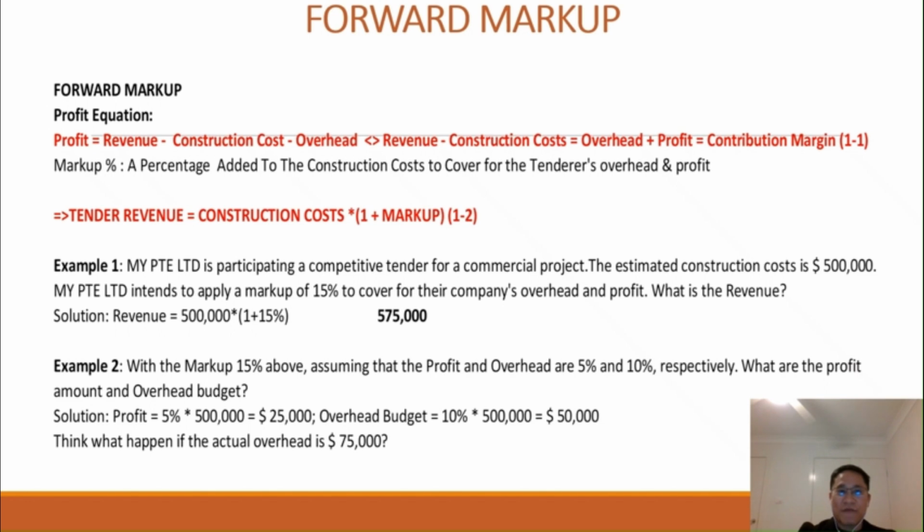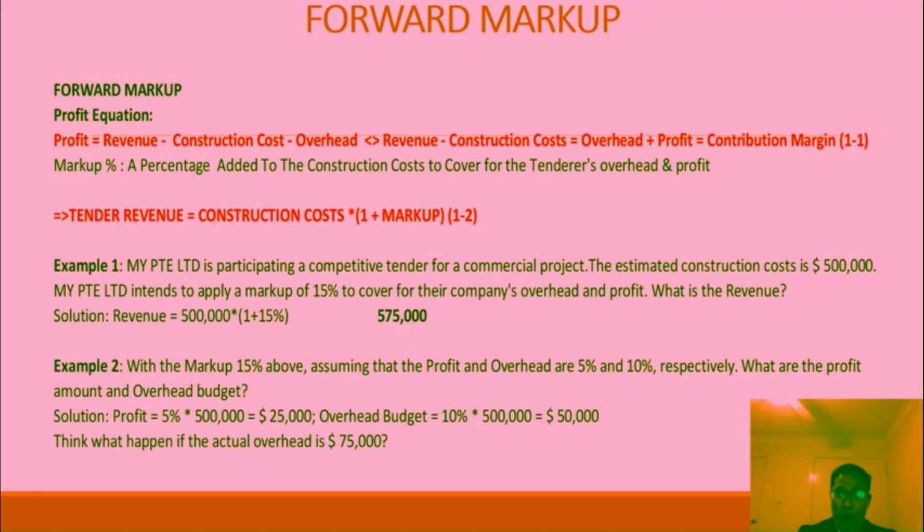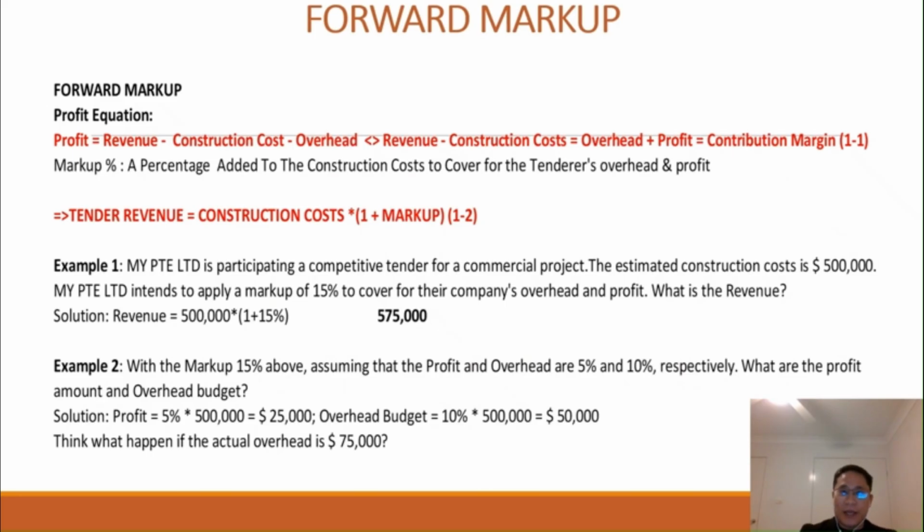This is very straightforward. By using this equation, we will solve example 1 and example 2, because the markup is related to accounting, so we have to solve some examples so that we will be familiar with the terms of the accounting.